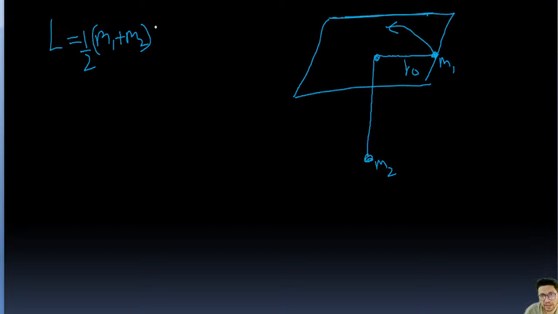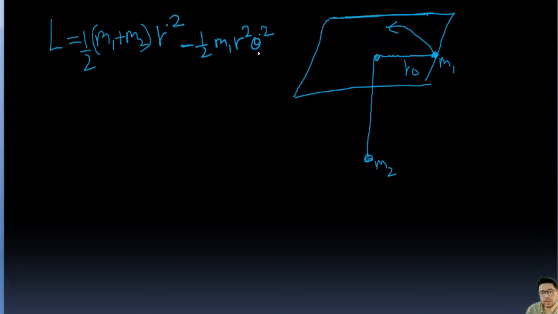This is kinetic energy, right? Half m1 R dot square, minus... this particle is moving in a circular path, so it is half m1 r square theta dot square.